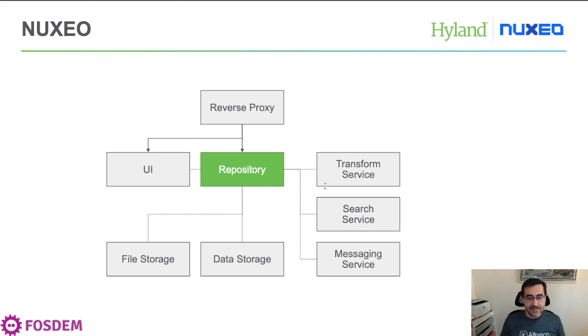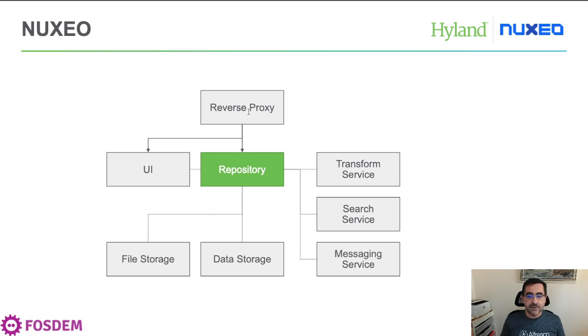In the same way, the content is stored in a file storage. Remember that is a file system for the documents, and data storage that is a database for the metadata. Also, some UI applications delivering features for the users can be connected to that core repository.